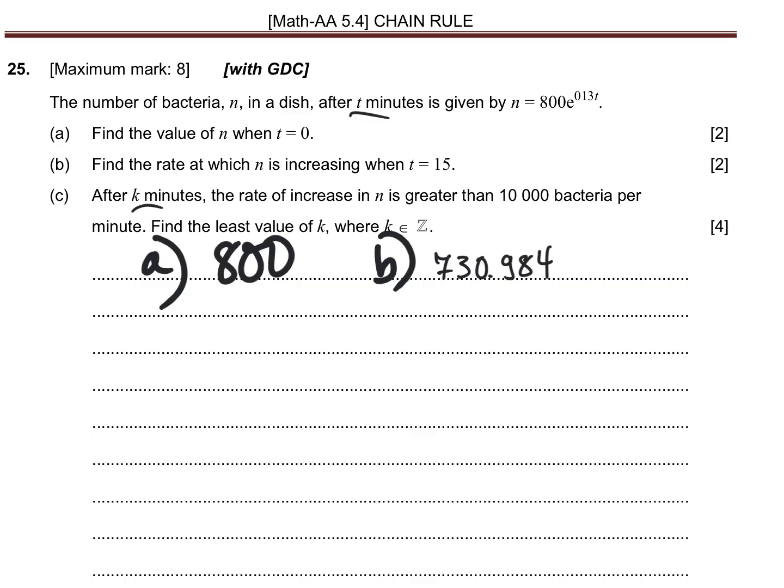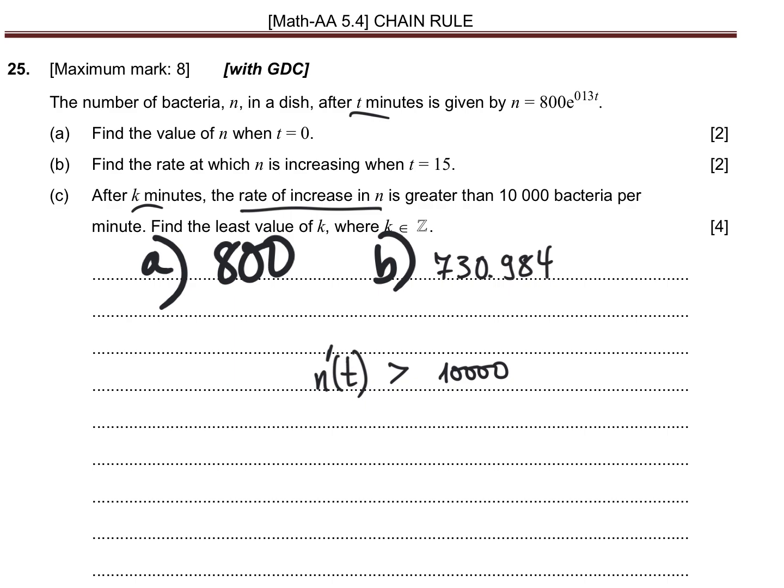of increase in N is greater than 10,000 bacteria per minute. So we have N at T, so the rate of increase, so that's the derivative, is greater than 10,000 bacteria per minute.